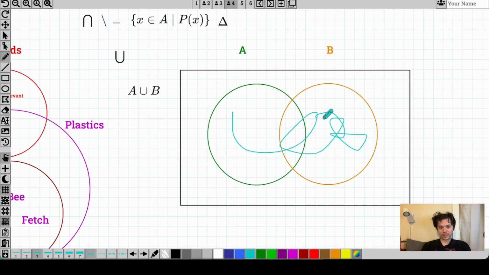So anything in these areas. So it includes the intersection, it includes all of A, it includes all of B.